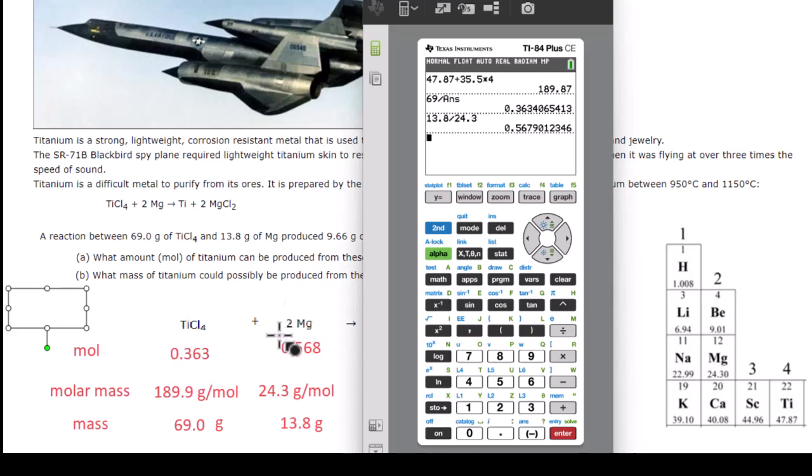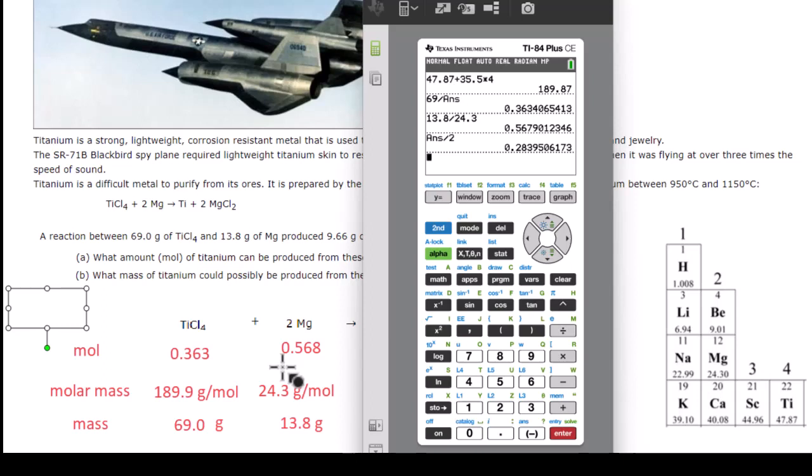Here we have a coefficient of 2, so I'm going to take my 0.568, divide it by 2, and I get 0.284. 0.284, the reduced version. Once it's been divided by its coefficients, you can then compare. You say 0.284 is less than 0.363, and therefore the magnesium is our limiting reactant.